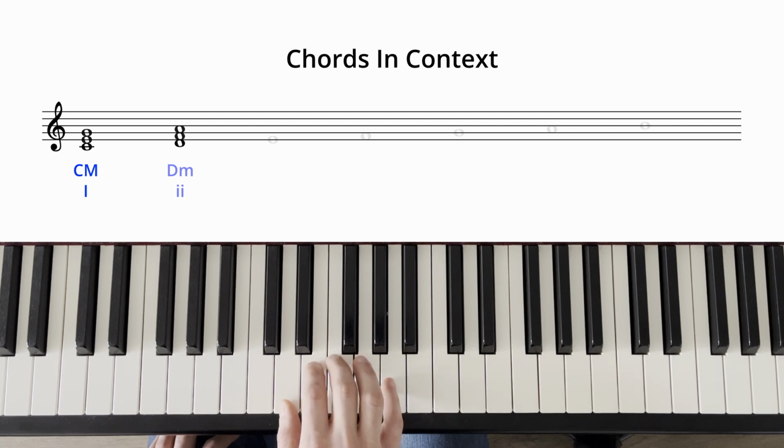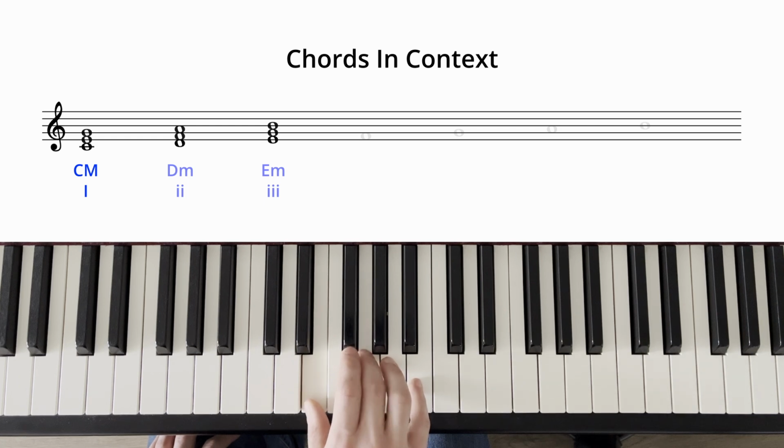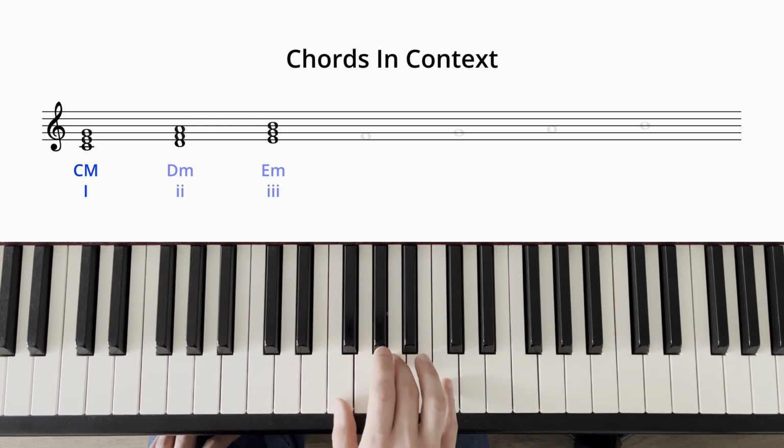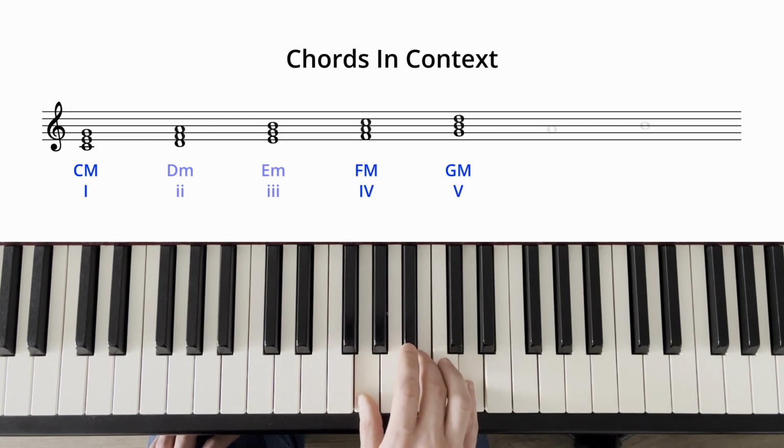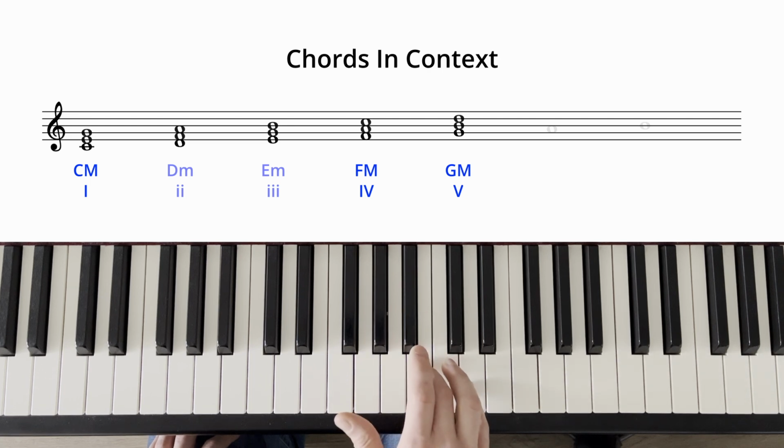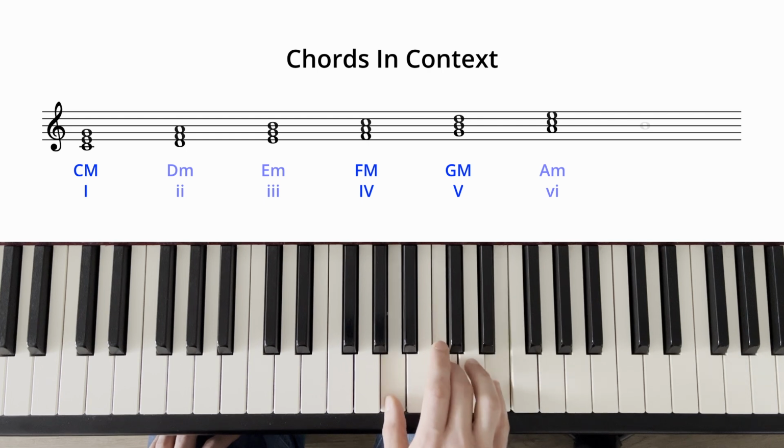If I keep going like this, starting from E, I get a minor third, followed by a major third. So the 3 chord is minor. The 4 and 5 chords are major because they both consist of a major third followed by a minor third. And the 6 chord is minor because it starts with a minor third followed by a major third.